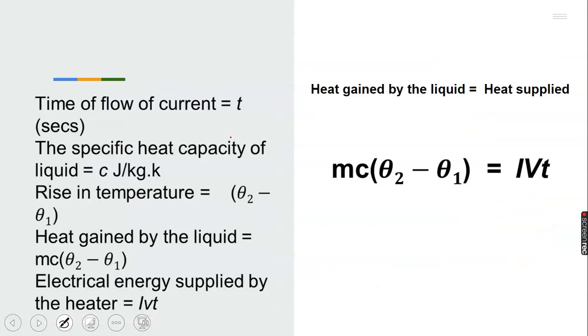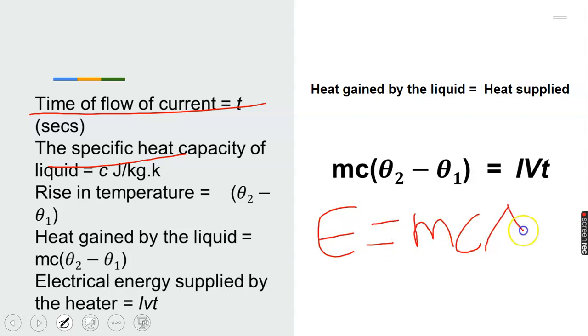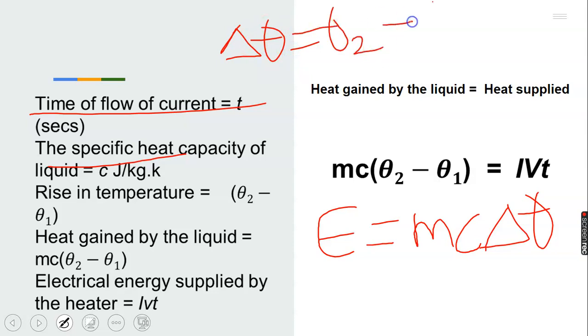Now, what you have here is the time for the current flow and the specific heat capacity. Just like I've explained for metal blocks, the same thing applies here. We know that E equals MC change in theta. This change in theta means you find the difference between the final temperature, theta 2, minus theta 1.